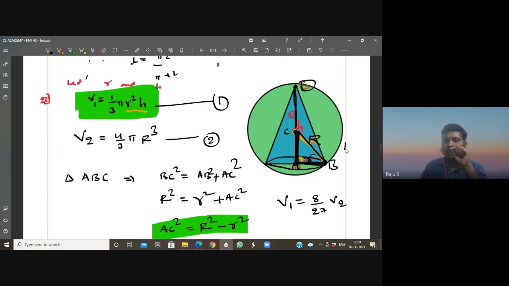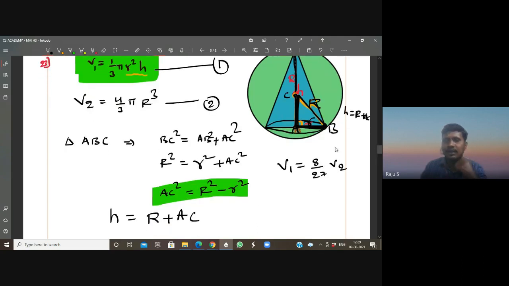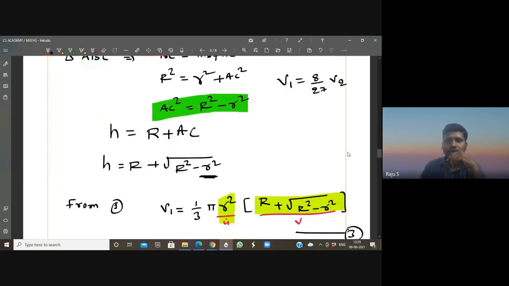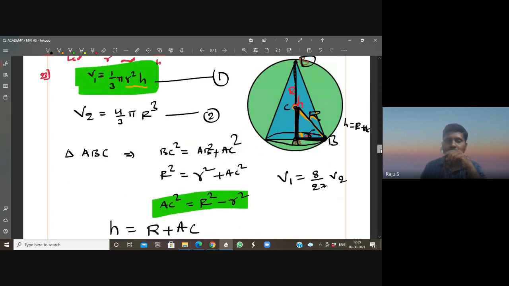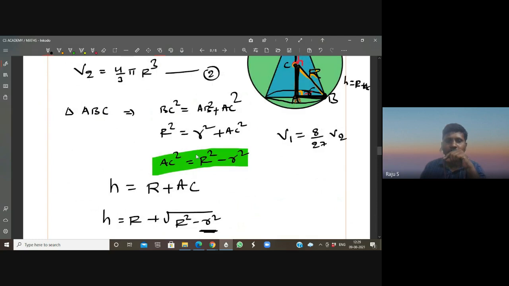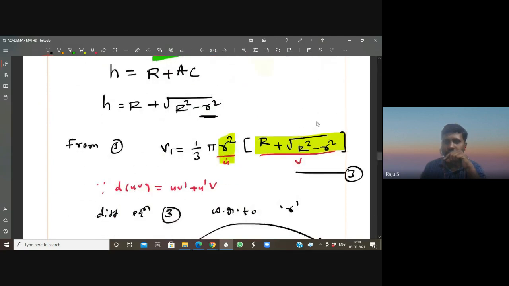So here clearly h can be written as capital R plus AC. So I want to find AC with the help of the right angle triangle. So AC value in terms of capital R and small r: AC square is equal to capital R square minus small r square. So AC is equal to square root of R square minus r square. So this is the h value. Final height is equal to R plus this value.